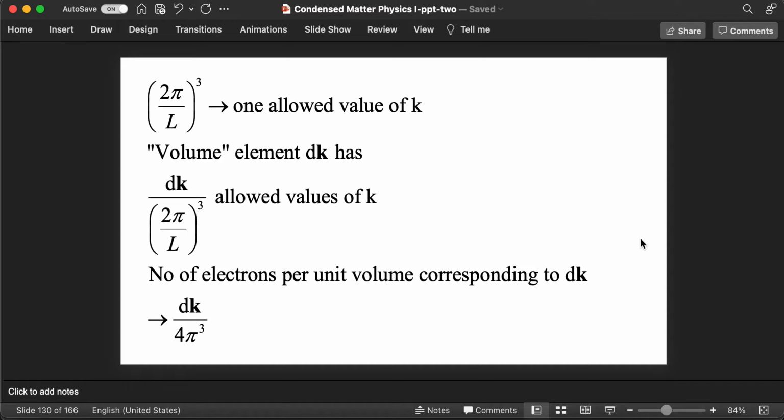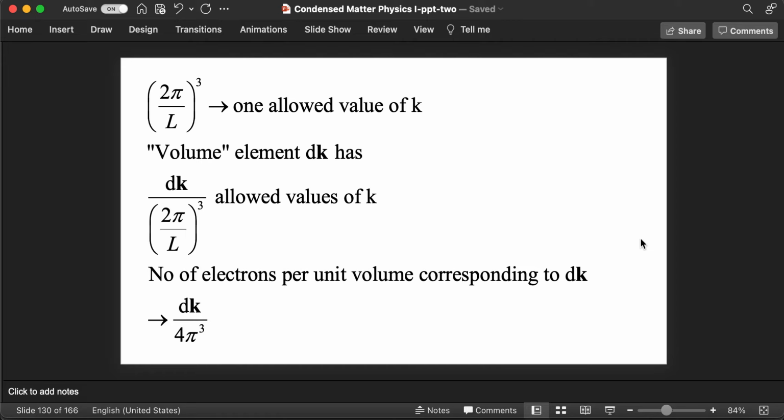Now, we saw when we calculated the density of states, one allowed value of k corresponds to a volume of (2 pi by L) cubed. And if I consider some volume element dk in k space, then that dk will have dk divided by (2 pi by L) cubed allowed values of the wave vector.